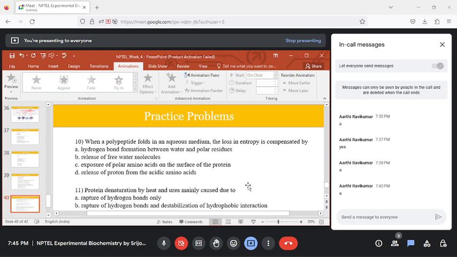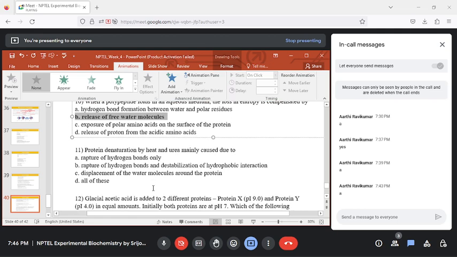We are assuming the core to be filled with some free water molecules at first, as it is a polypeptide not in a folded state. These would be removed and the hydrophobic molecules would come and interact, forming the core of the protein. So the release of water molecules is actually compensating the loss in entropy.